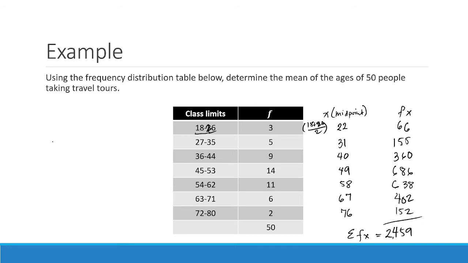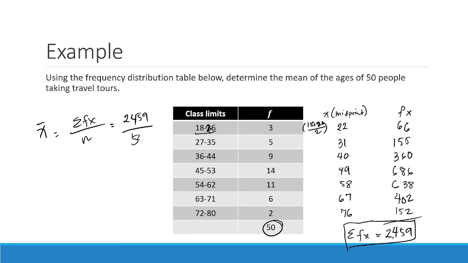And as you may have remembered, our sample mean is actually just summation of f of x, which is actually this one, divided by n, which is actually this one. Okay? So we have here our 2,459 divided by 50.